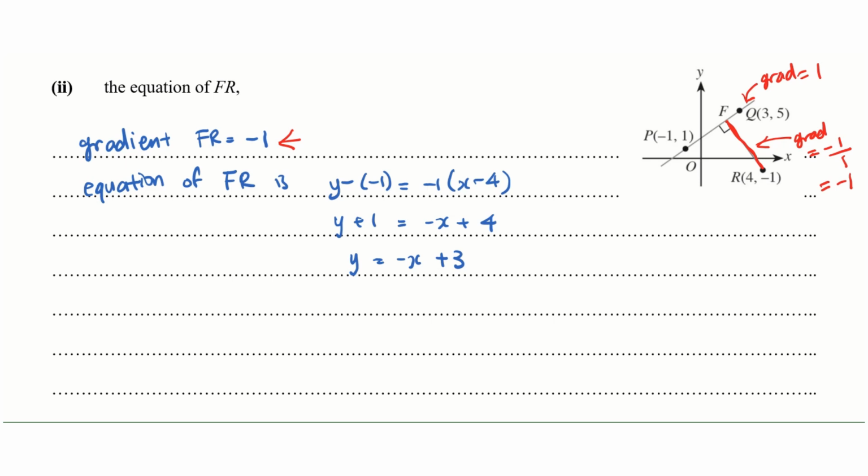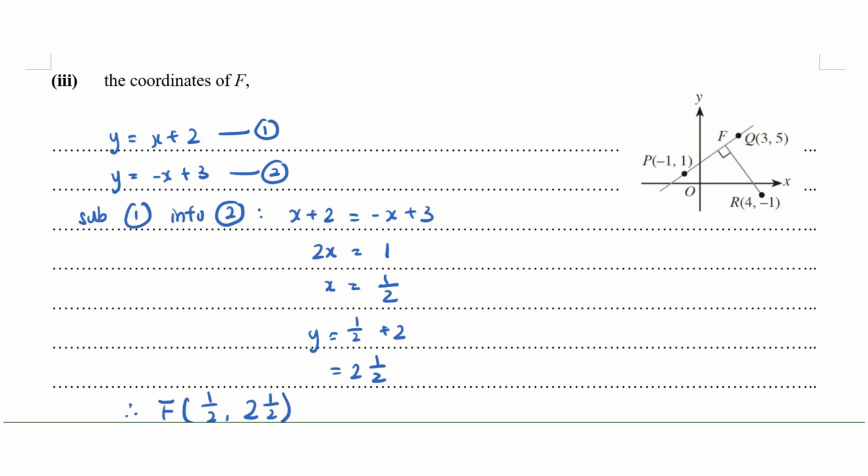Then, using the equation formula that I have introduced, the equation of FR would be y minus -1 equals -1 times x minus 4. The point that I use is R because R is the only set of coordinates that I know lies on that straight line FR. So therefore, my equation would be y equals -x plus 3.